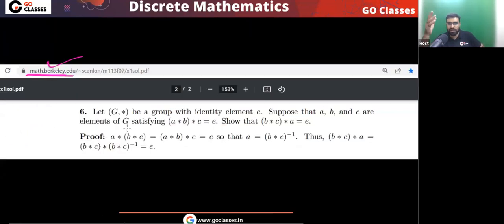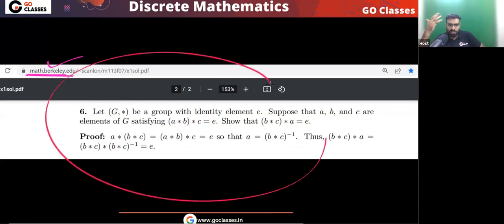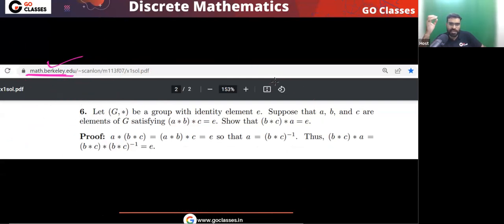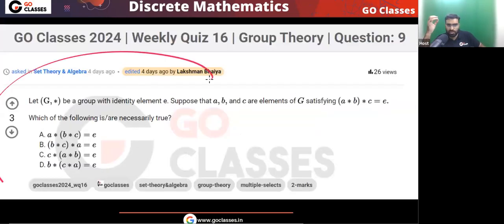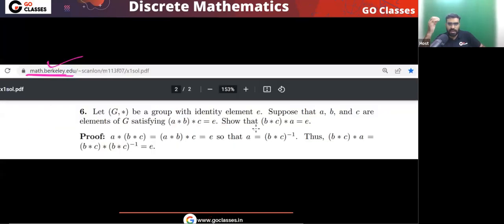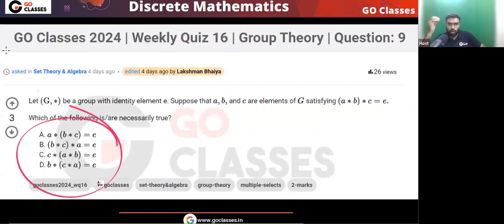Whenever we find a standard university question, some GATE relevant standard question, we convert it into an objective question. The question is asking to show that this will happen, but I created some more options. This is an interesting question.